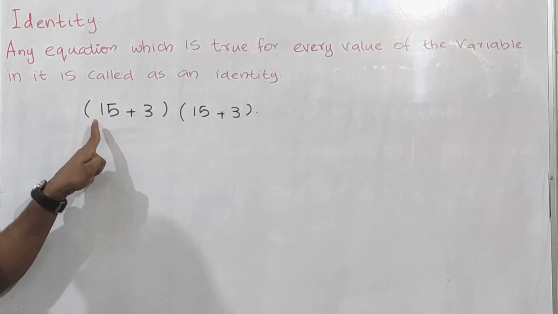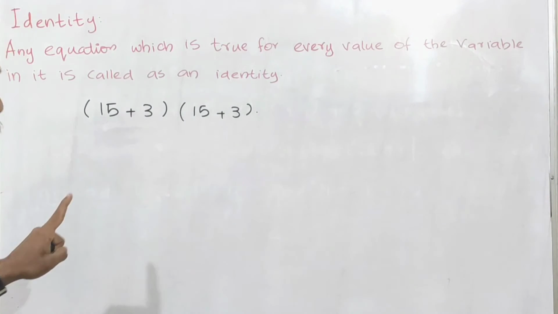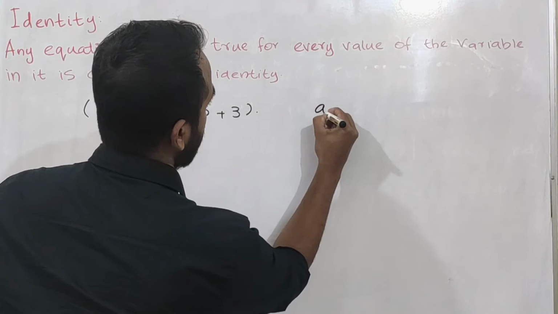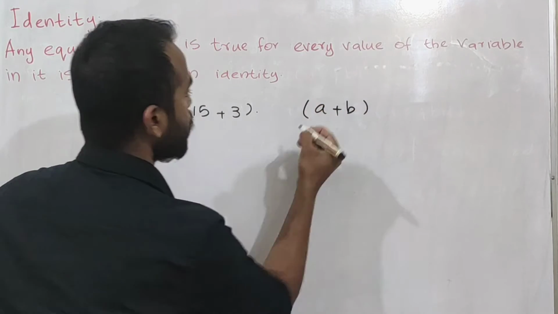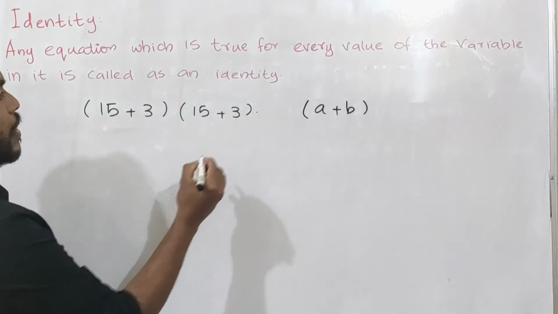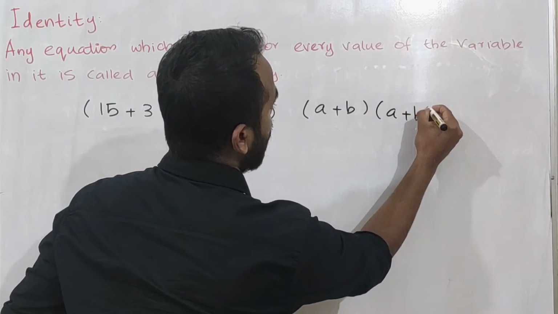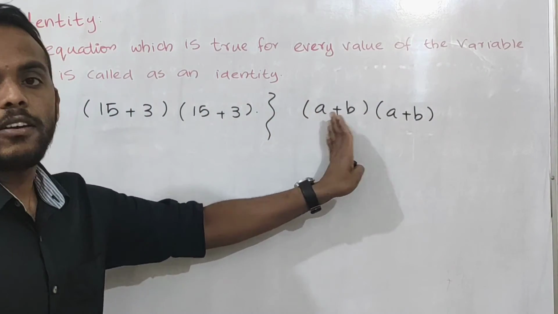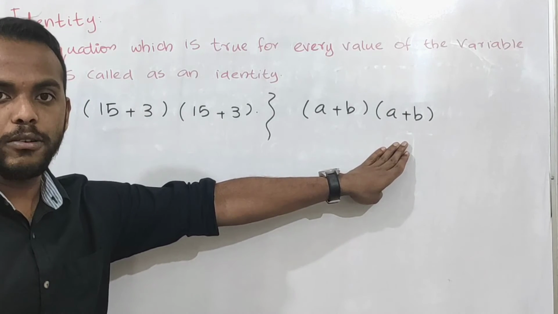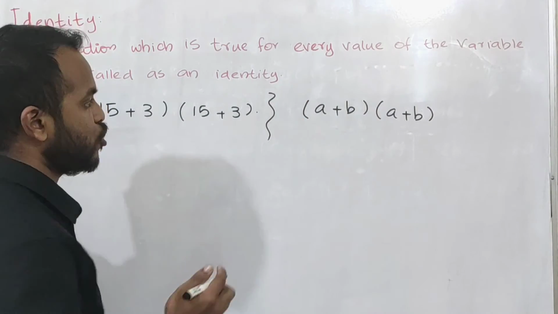Let's consider this 15 as a term A and this 3 as B. Then we need to find the product of A plus B and A plus B, isn't it? To find this, the general method that we have been using can be adopted. What is it? The multiplication of a binomial by another binomial.